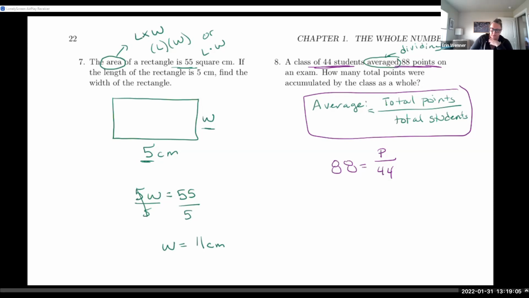So we've got the average 88 is equal to a total number of points divided by 44.